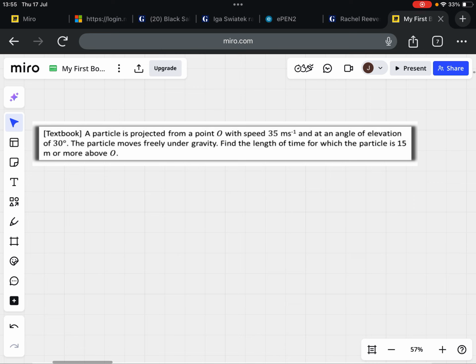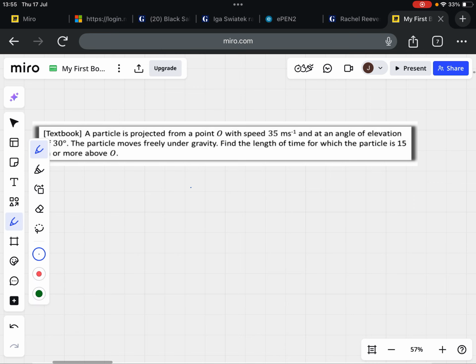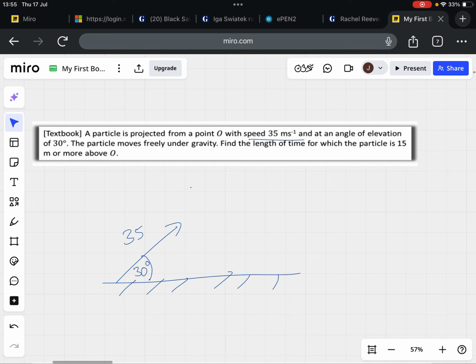So, another question. A particle is projected from a point O with a speed. So speed, that's that diagonal, isn't it? So, there we go. 30, 35, DST. So DST SUVAT. Okay, this one here is going to be what?